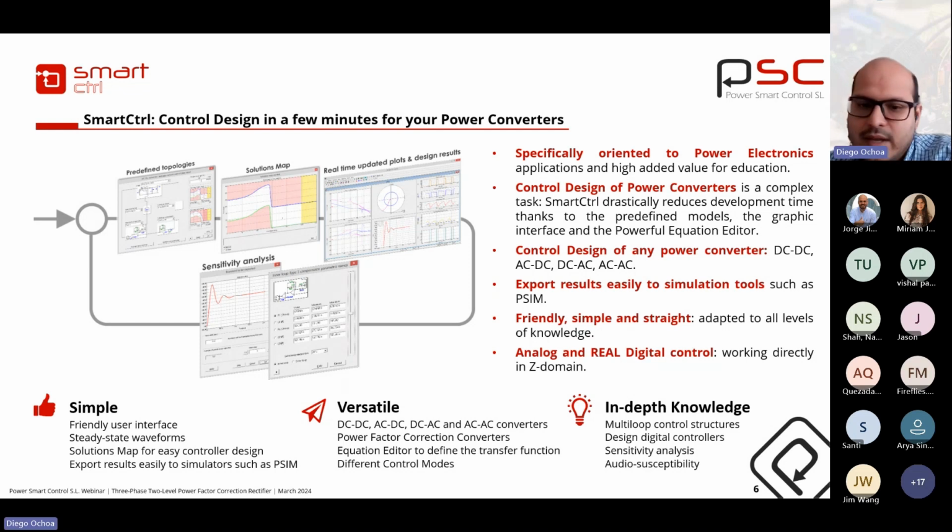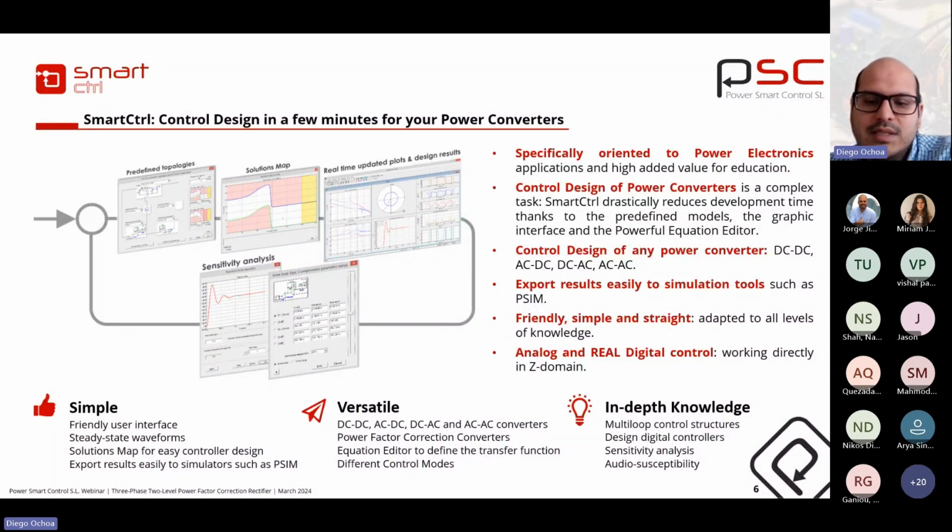The second way is to import the data from a TXT file. For example, if you have a PSIM simulation, you can use the AC sweep function in order to get the frequency response of the plant of your converter. In that way, in Smart Control, you can import this frequency response in order to design the control loops.